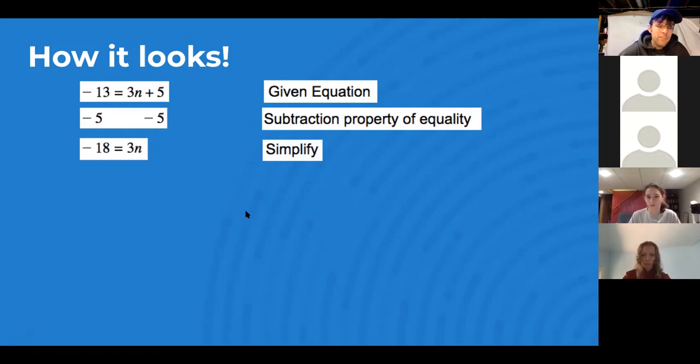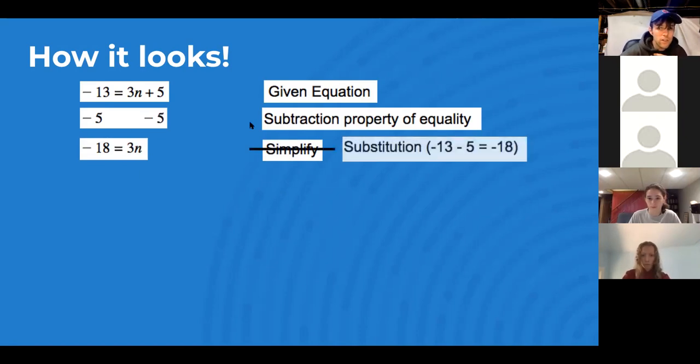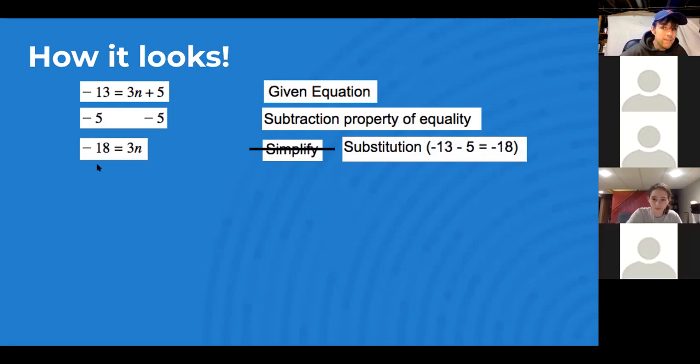Some people write simplify, and I'm okay if you write simplify, or some other people might say combining like terms. I'm going to call it something different. I'm going to call it substitution. Essentially, we substituted negative 18 for these numbers right here, for negative 13 minus 5. We substituted equal quantities. So instead of having the subtraction, we substituted what it was equal to.